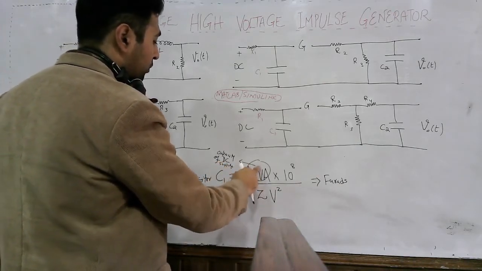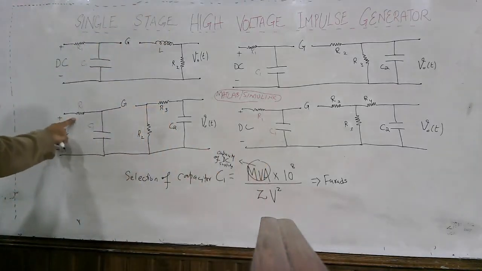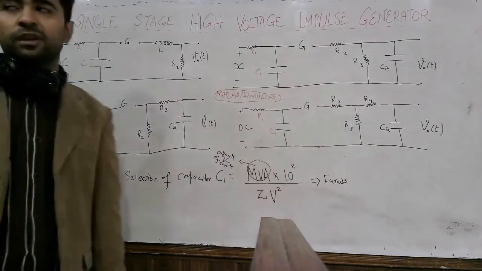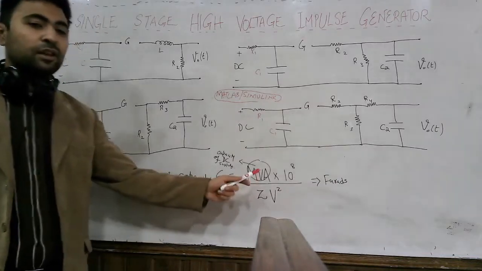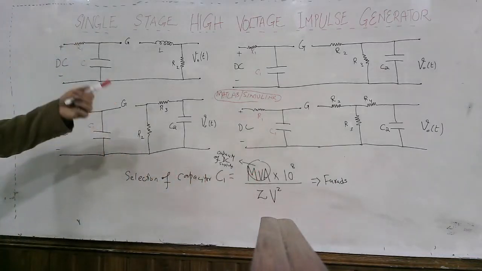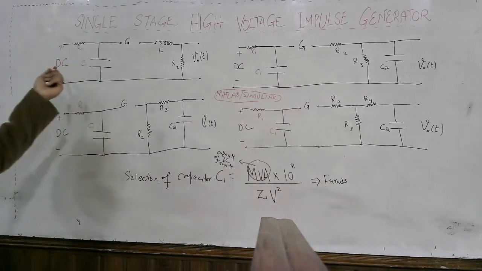M is mega, the voltage you have here and the amperes you have here. Don't confuse it with the AC value, the apparent power. This is not the apparent power. This is the input power, the power available from your DC source.